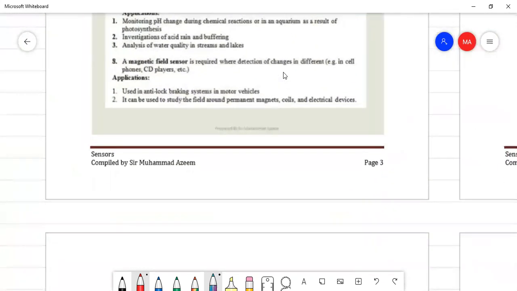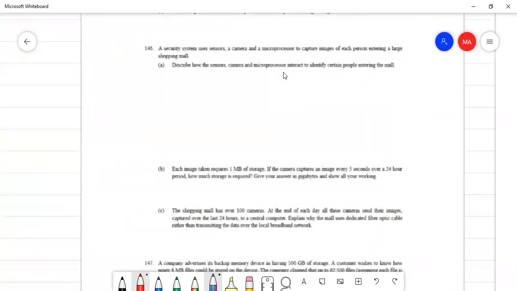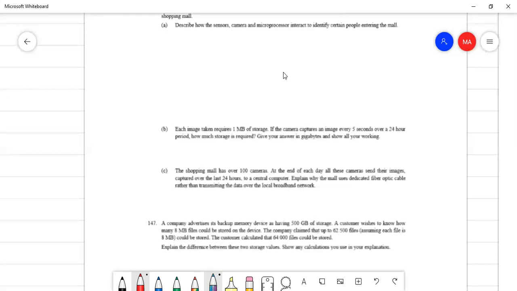Now, look at the question in exams. Yes, in chemical laboratories, the pH sensor is used to detect whether the substance is an acid, basic, or even neutral.